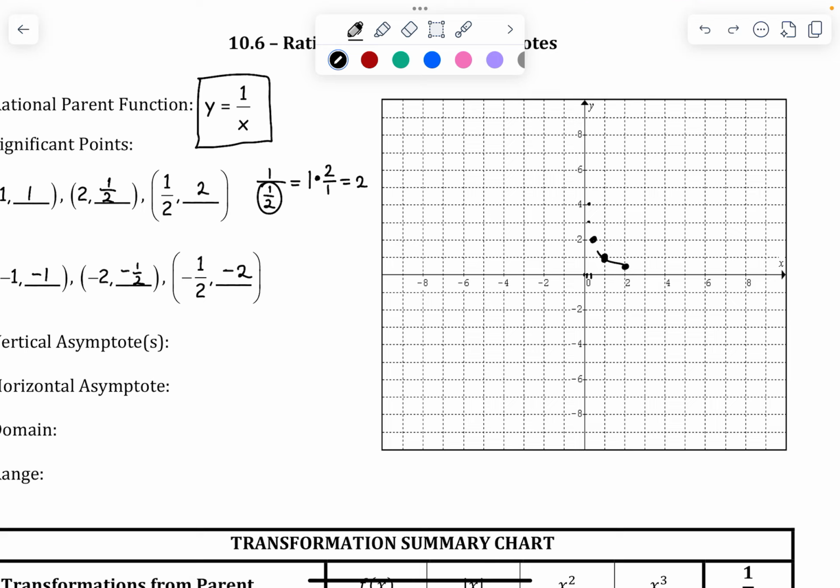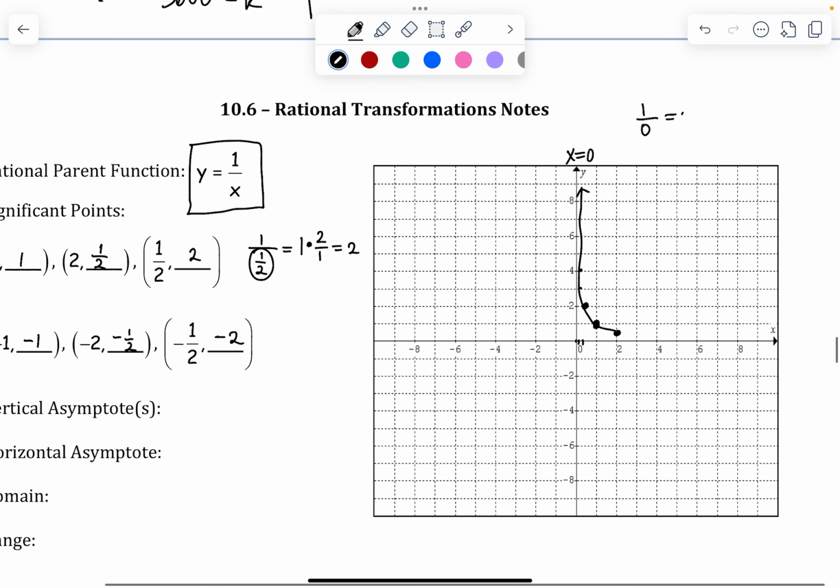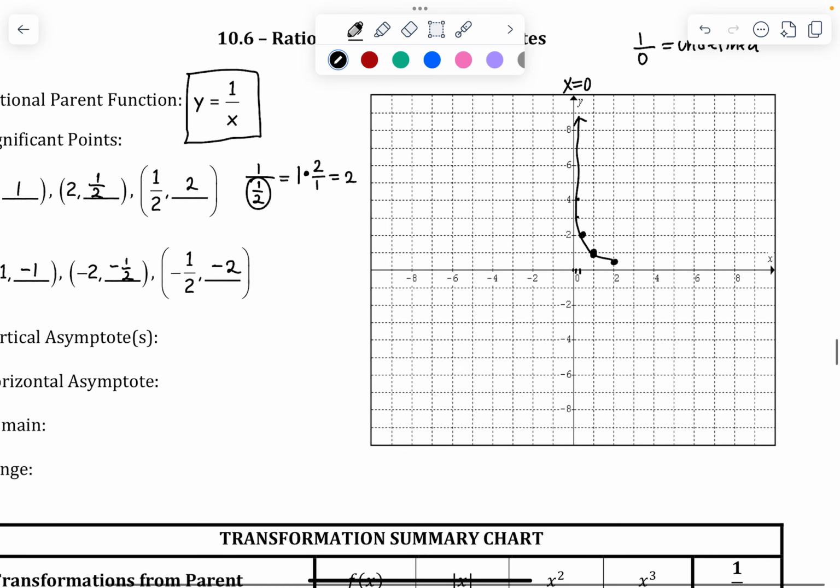We're never going to actually touch the y-axis, which means x can never equal 0. Anytime you have division by 0, you have something that is undefined, so we're not allowed to plug in 0 for x. And so we end up with what is called a vertical asymptote at x equals 0. So that is your vertical asymptote.